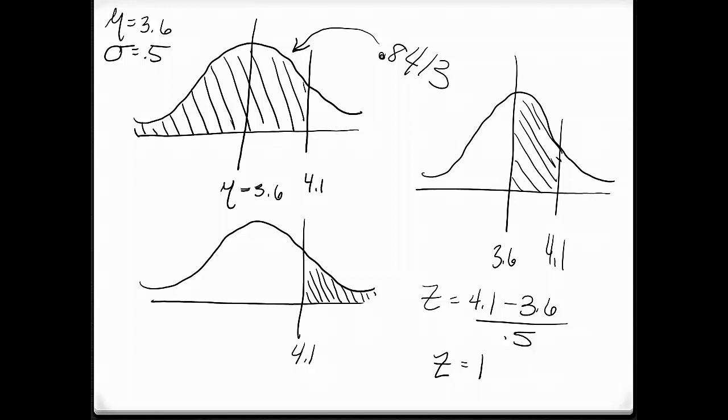So that means that this area is 1 minus 0.8413, which becomes 0.16 something. So about 0.16. And then we can subtract the 0.84 and the 0.16 and get the probability here.